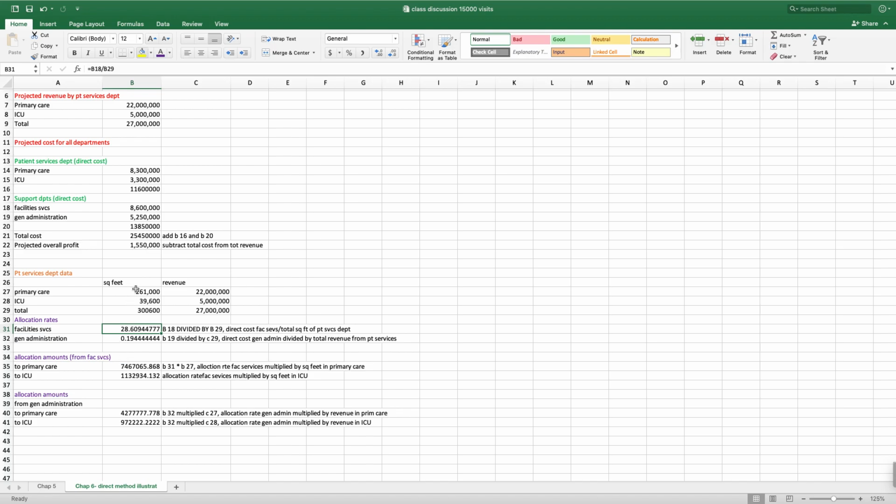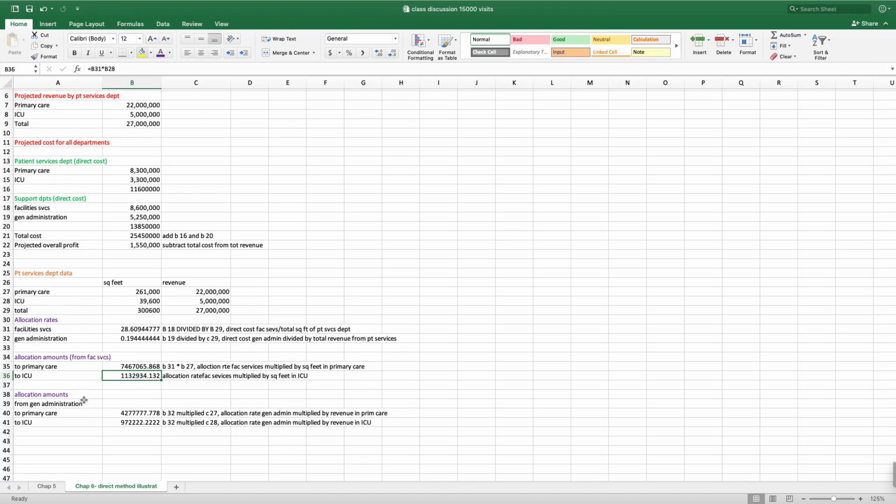The facility services allocation rate multiplied by the square footage in ICU gives you this allocation amount, which is the allocation amount to ICU.